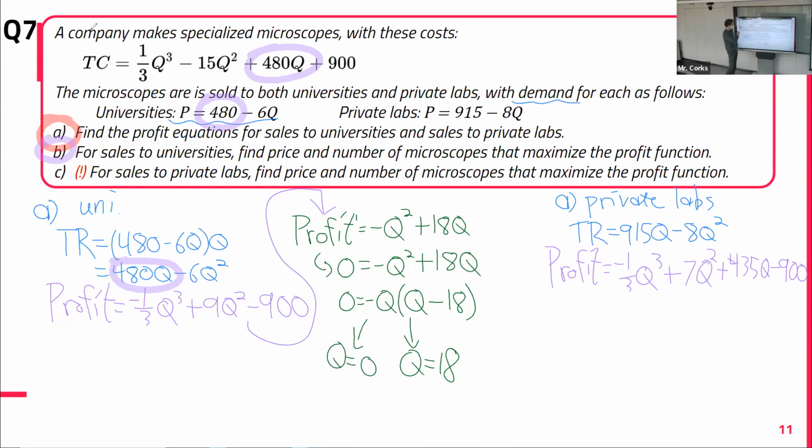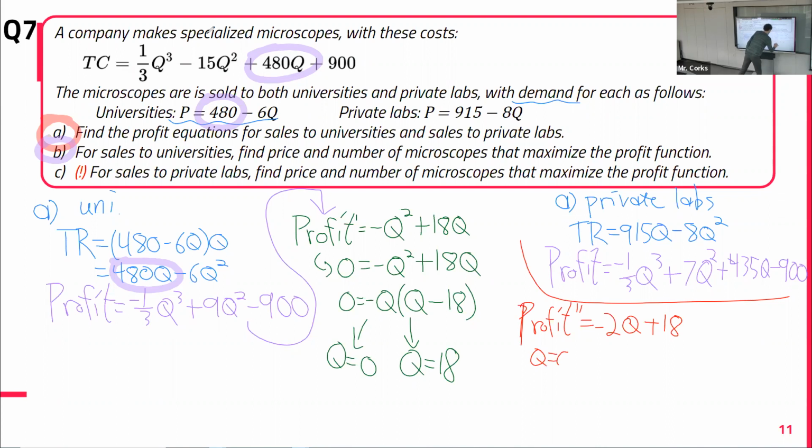And we can do our second derivative test. Our second derivative for profits is negative 2Q plus 18.